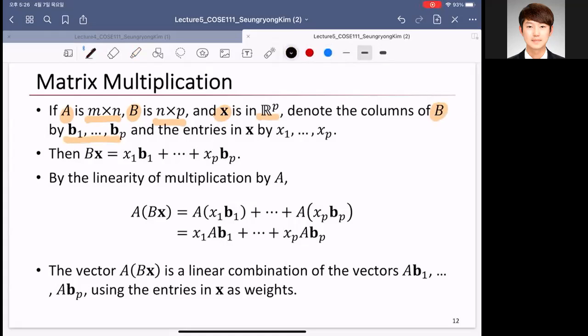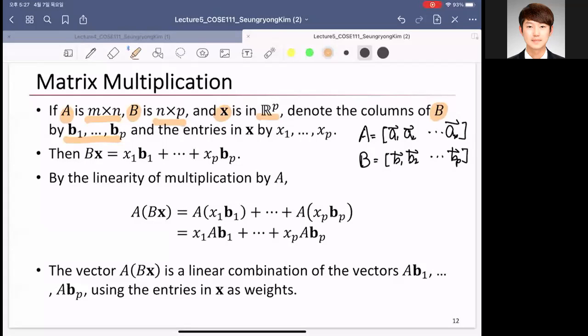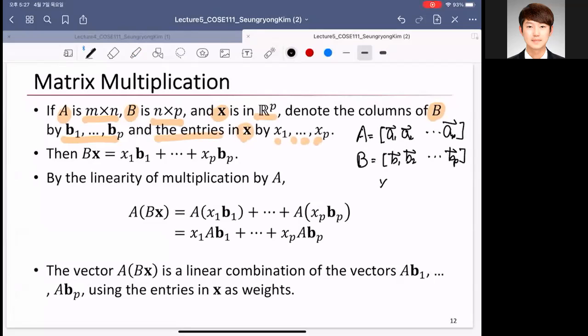Well, for example, we already know matrix A consisting of A1, A2, up to An, and matrix B consisting of B1, B2, up to Bp, like this. The entries in X are X1, X2, up to Xp, like this.